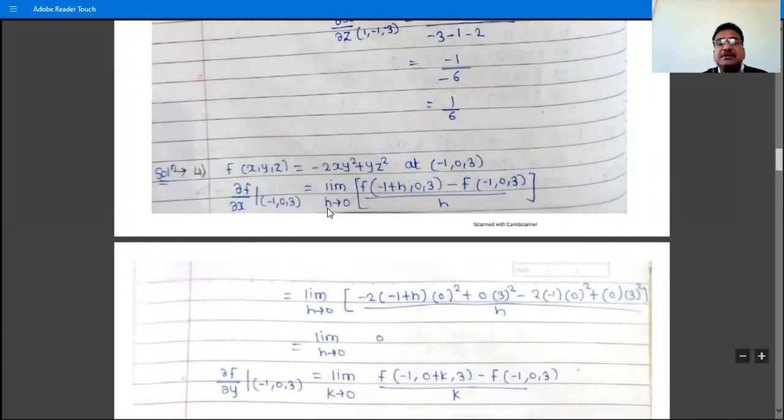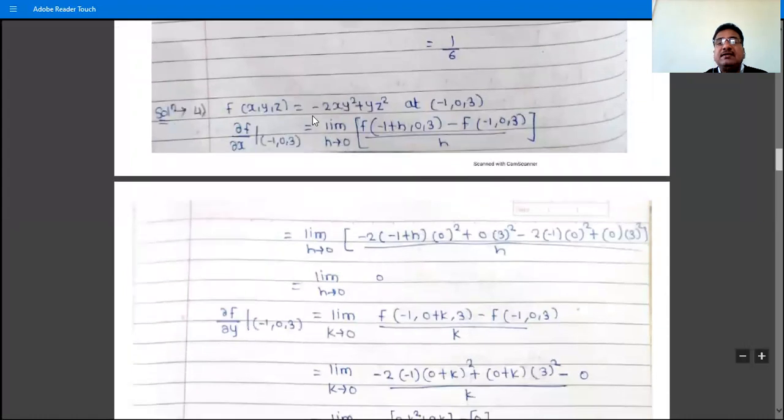With respect to x, it is the limit as h tends to 0 of f(a+h, b, c) minus f(a, b, c), divided by h. Write (a, b, c) as (-1, 0, 3) and then write the values of these functions. Substitute x as -1 plus h, y as 0 and z as 3. We have this value. Here is the value of f(-1, 0, 3).